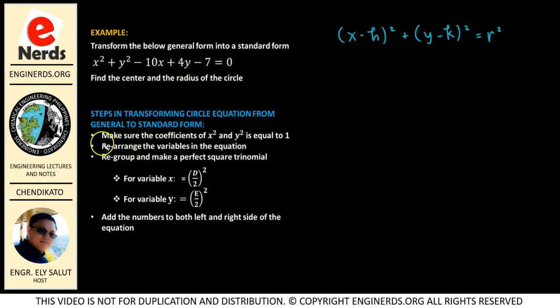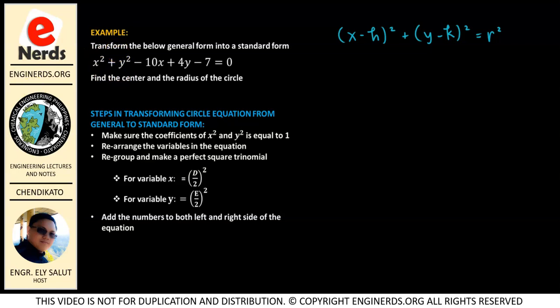Now, we have here our guide kung paano natin yon gagawin. Okay? First, we have to make sure that the coefficients of x squared and y squared is equal to 1. Okay? So, katulad ng nakikita natin dito, no? So, ang coefficients ng ating x squared and y squared is equal to 1. So, this is fine. Okay?